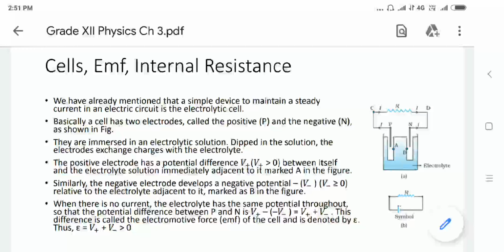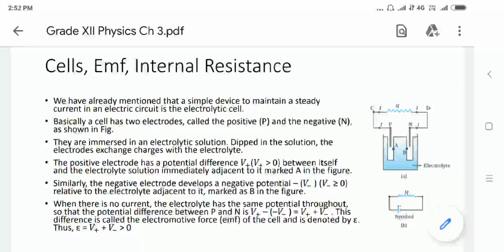The potential difference between P and N, between the two electrodes, is potential at the positive terminal V plus, minus potential at the negative terminal, which is minus V minus. So the total potential between P and N is V plus plus V minus. This potential difference is known as EMF, electromotive force.